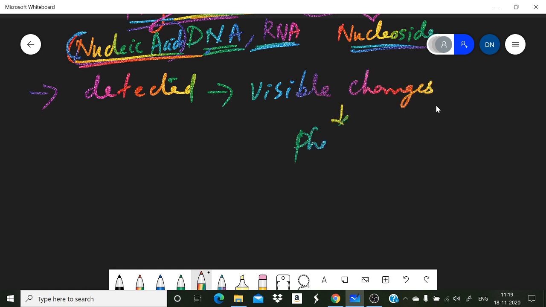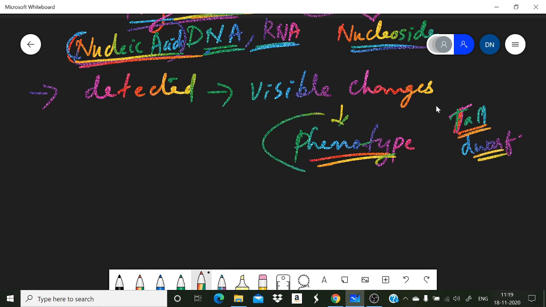Phenotype means the observable features, the observable expressions made by a gene. For example, height: we can differentiate the contrasting traits of height into tall as well as dwarf. That is a phenotype.